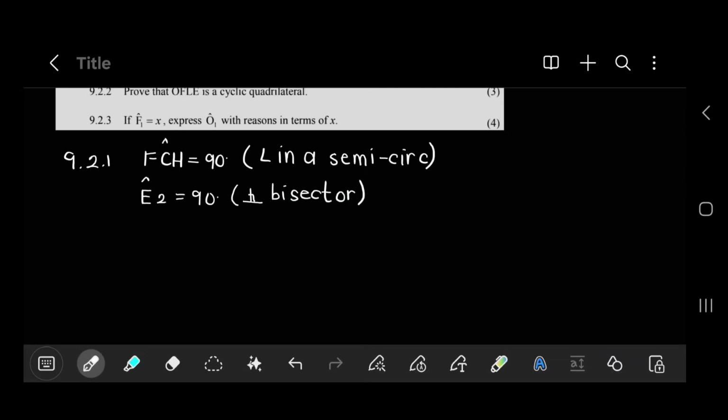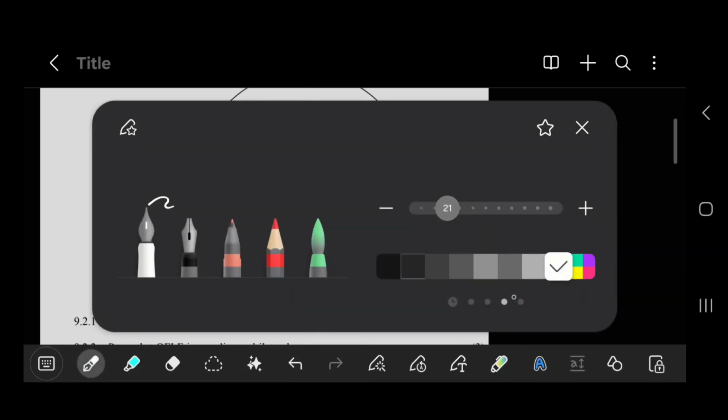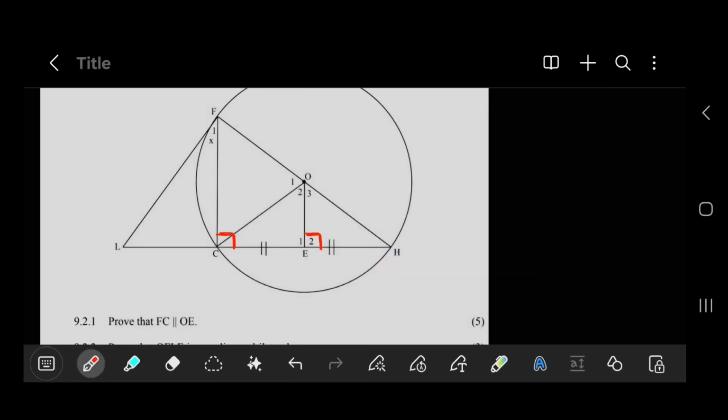And now that these two angles are equal to each other, FCH is equal to E2, we have now proven that these two lines, FC and OE, are parallel to each other because of corresponding angles. Just to show you again, here is the F shape, and we've proven that these two angles are equal to each other.